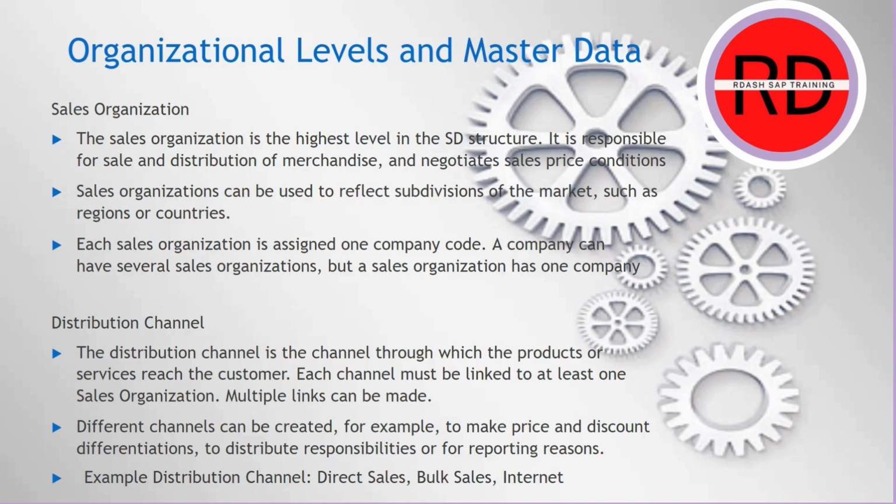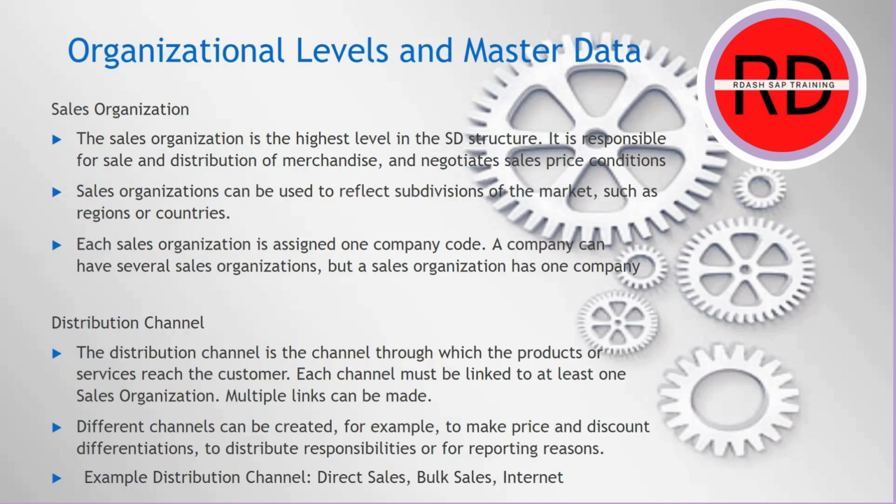Then comes distribution channel. Distribution channel does the activities of, you can say, a wholesaler or retailer, who send the material to the customer. So distribution channel is the channel through which the products or services reach the customer.